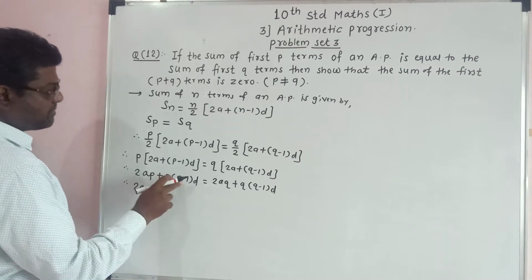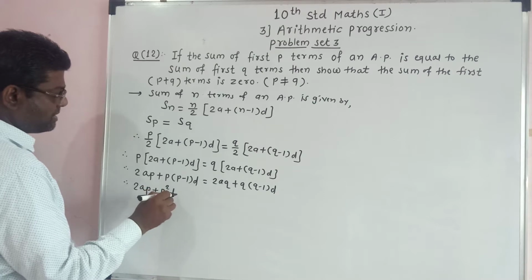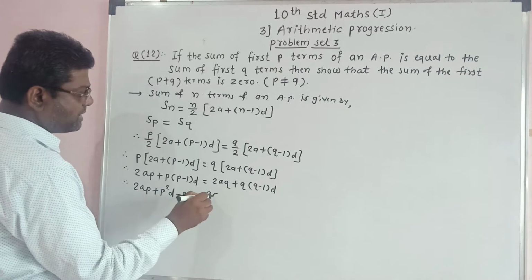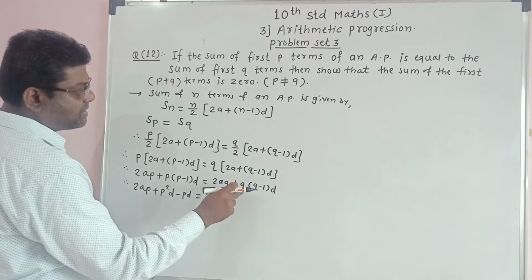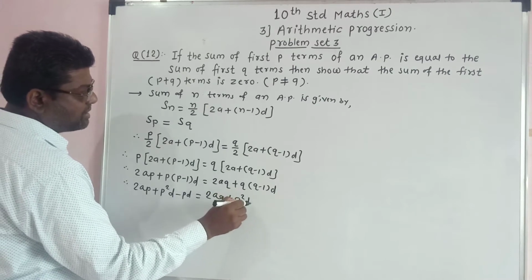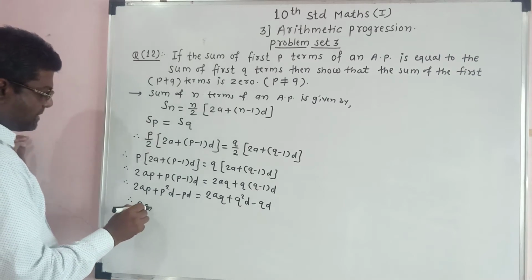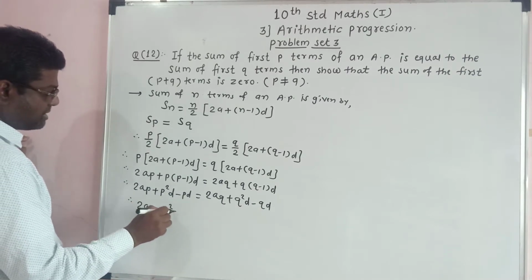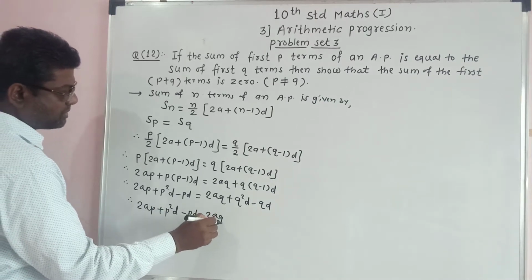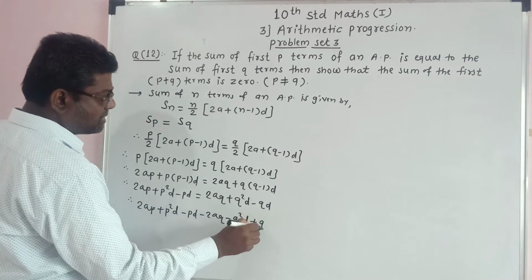Now multiply this bracket by pd, therefore it will be p square d minus pd is equal to 2aq plus multiply by this q and d in bracket, so it will be q square d minus qd, therefore 2ap plus p square d minus pd, then this minus 2aq minus q square d plus qd is equal to 0.